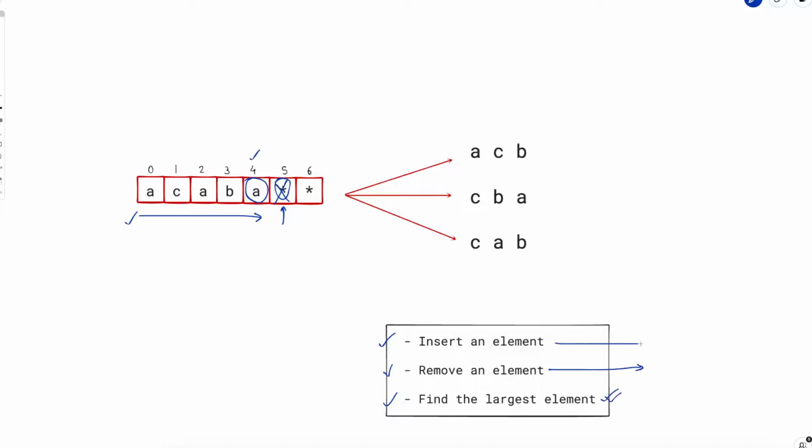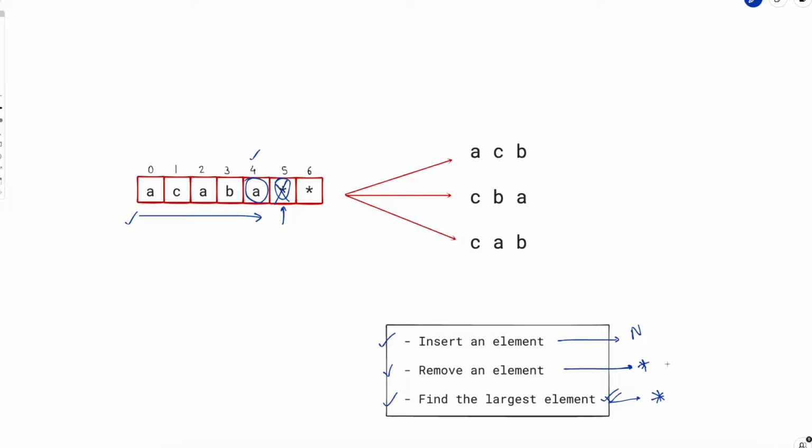And it should be able to do these two operations efficiently as well, and you will be doing each of these operations for each star. You will be doing insert n number of times, you will be doing remove star number of times, and you will be finding the largest star number of times.